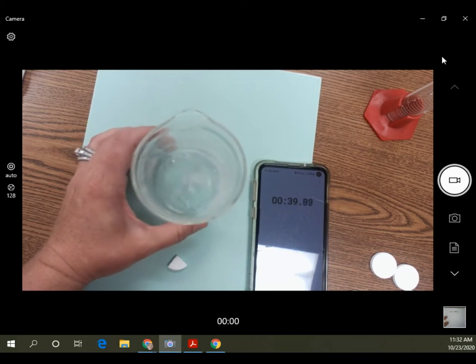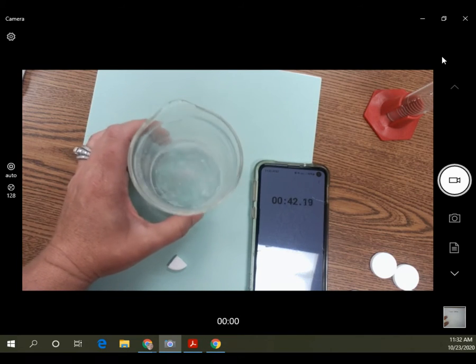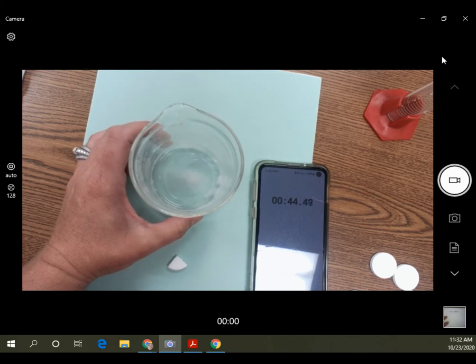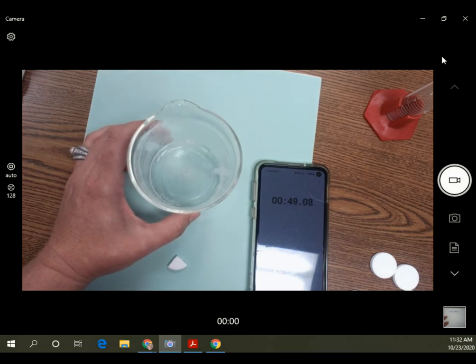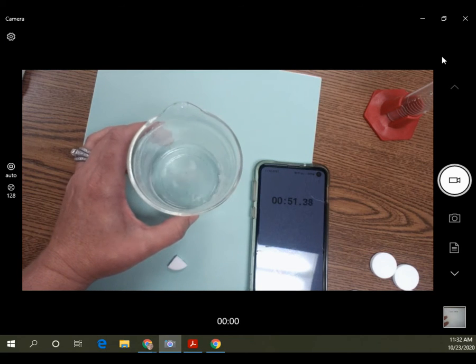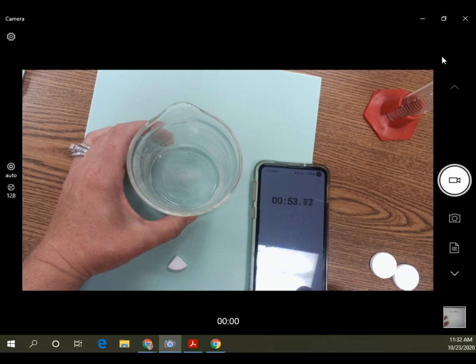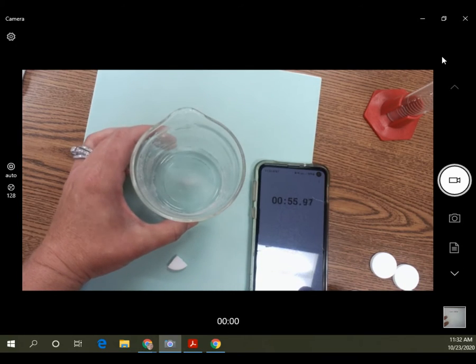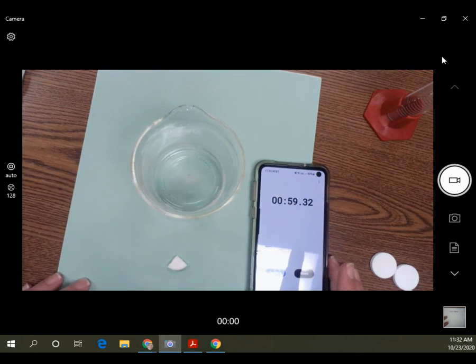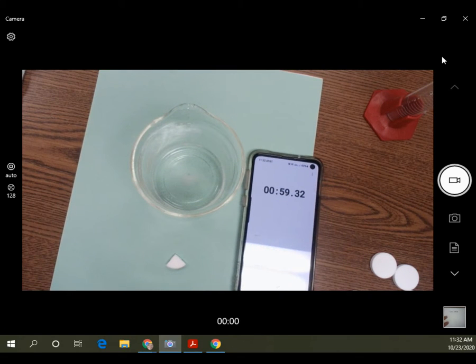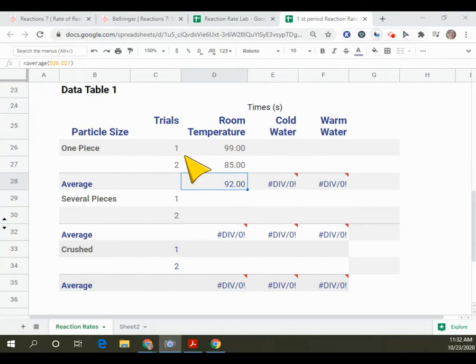A couple little pieces there. And I think here. Good. Okay, so we stopped at 59.32. So just 59, rounding off to 59 seconds. All right, so that was room temperature, and that was several pieces, and that was 59 seconds.